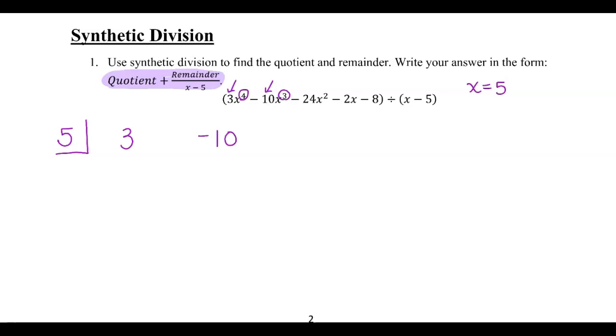Next one is 2nd degree. The quadratic term has a coefficient of negative 24. And the next one is x to the 1st degree, which has a coefficient of negative 2. We did all the x's. Let's go ahead and write the constant of negative 8.